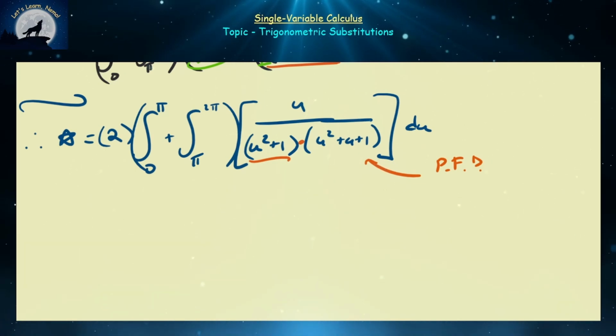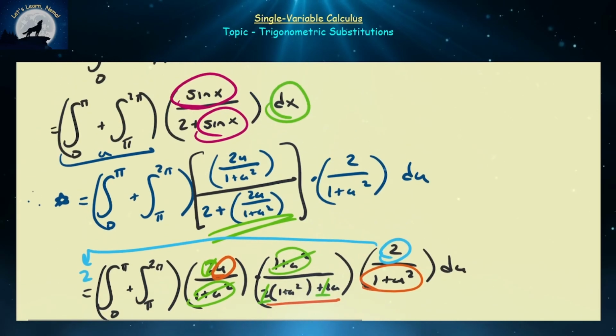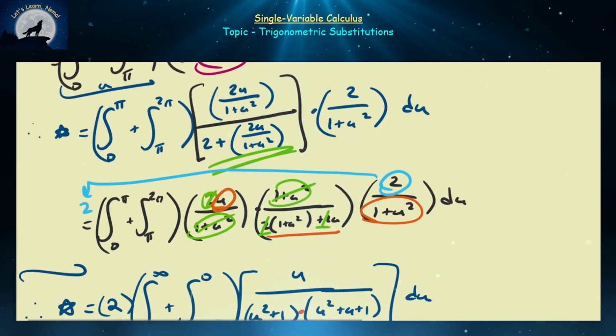Oh, also, wait a minute. Wasn't this bound supposed to be something else? I think we changed our bounds already, didn't we? I think we changed them to like 0 to infinity, minus infinity to 0. Let's go back before we forget that. Where would that change? Oh, that would start changing right here.